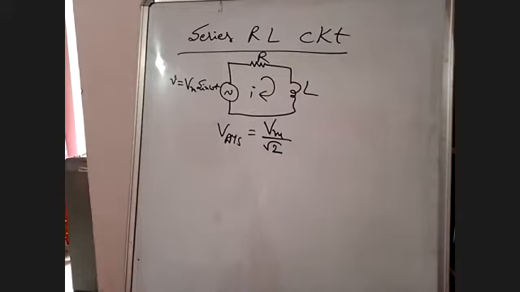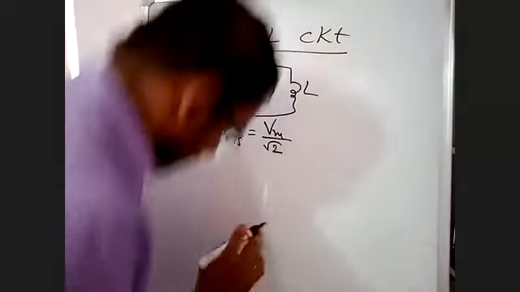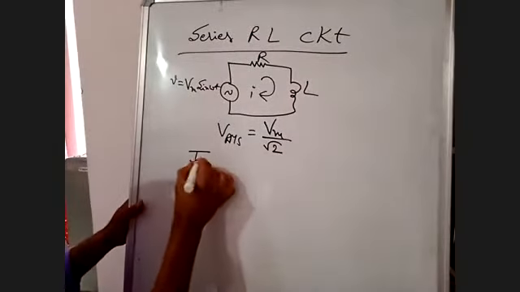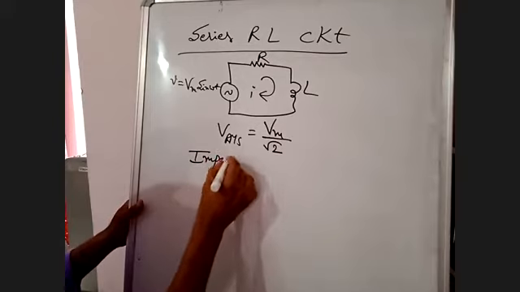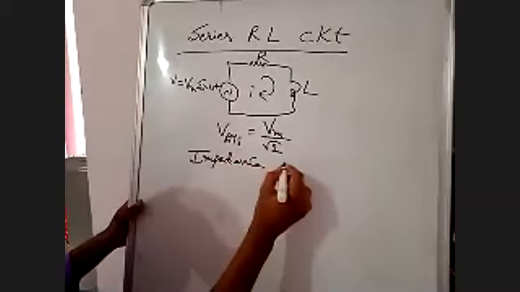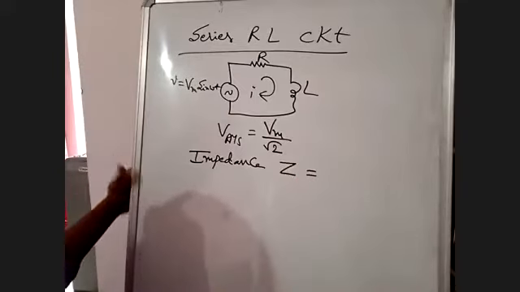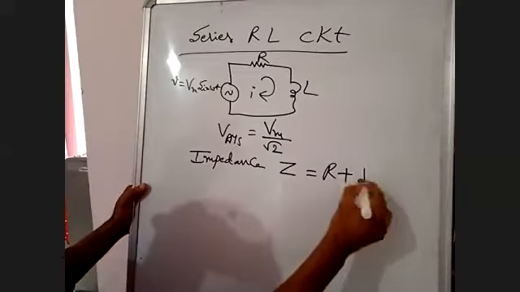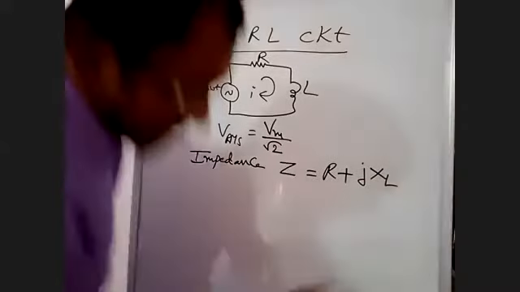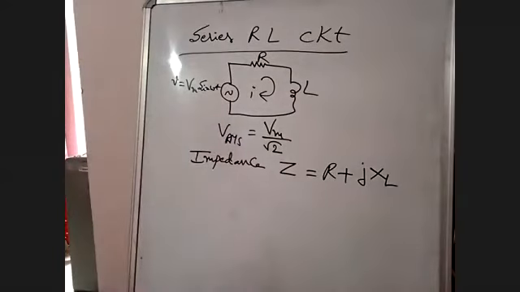Yesterday I told one formula, that is impedance. What is the formula for impedance Z? R plus jXL. Suppose if capacitance is there, what is the formula?